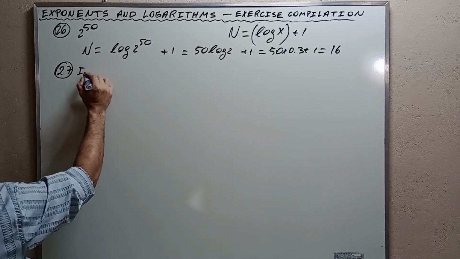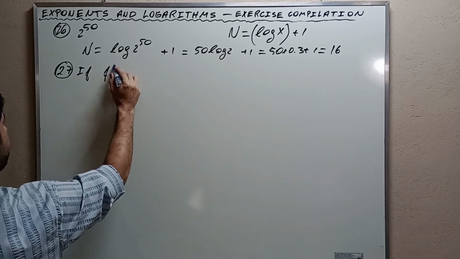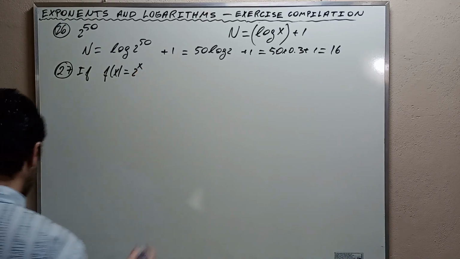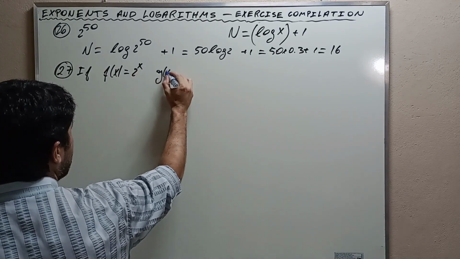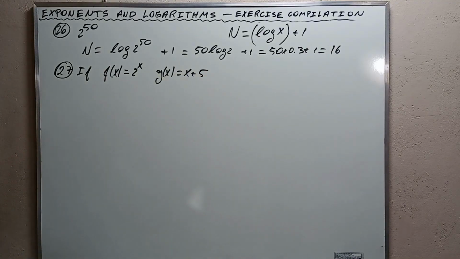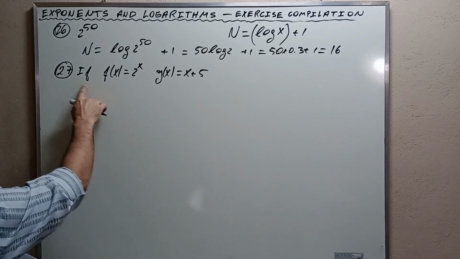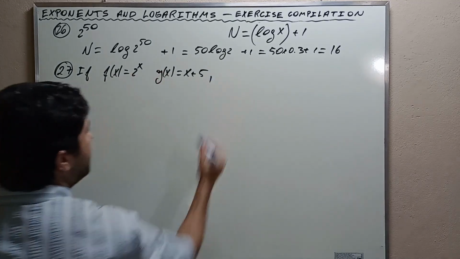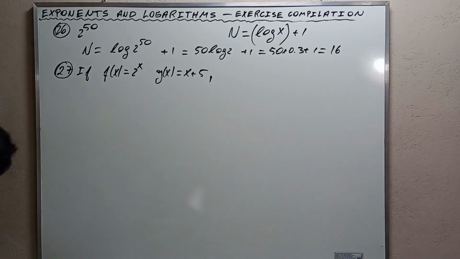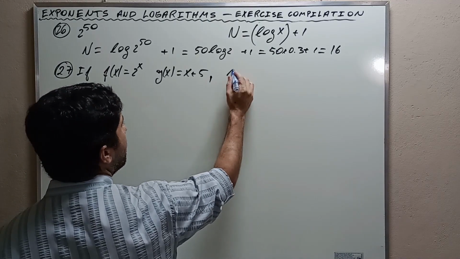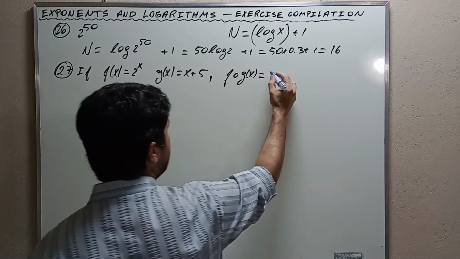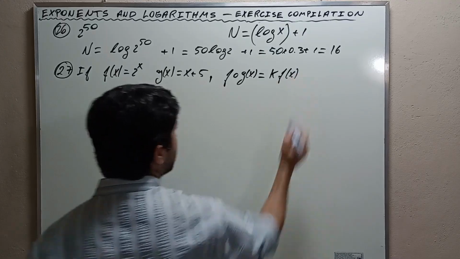If f of x is equal to 2 to the x and g of x is equal to x plus 5, what is the value of k in f of g of x equal to k times f of x, okay?